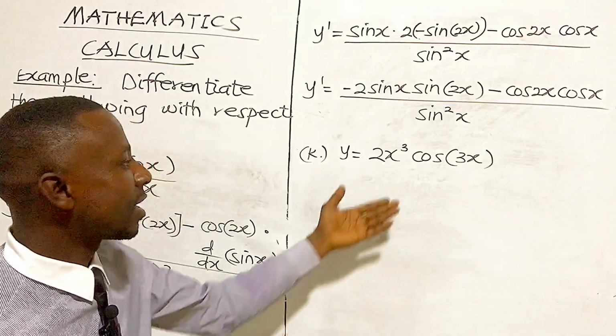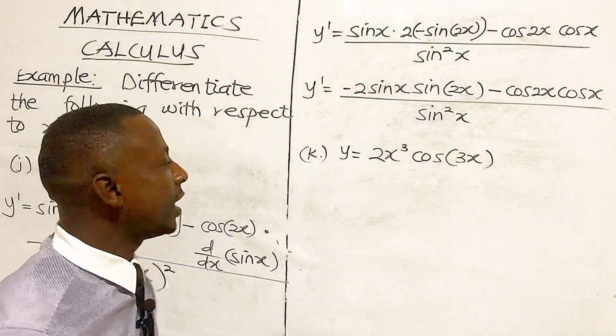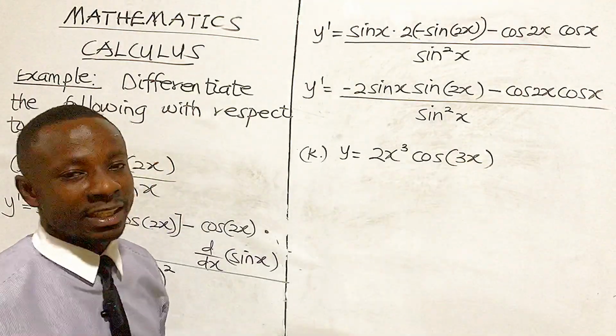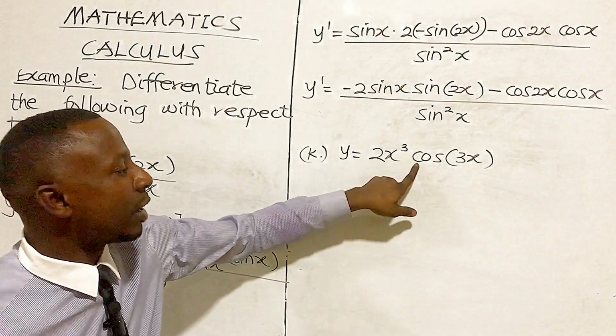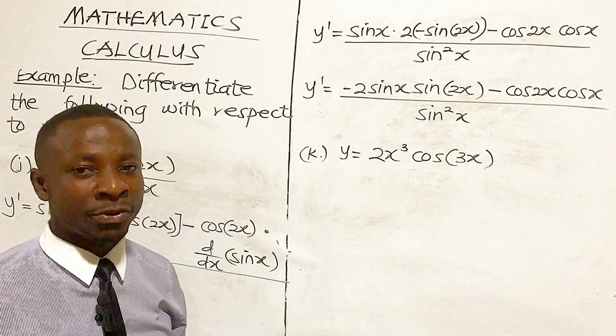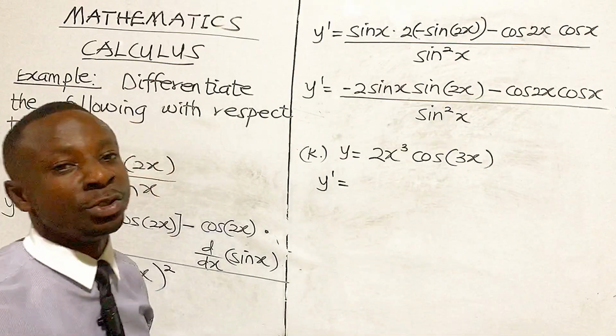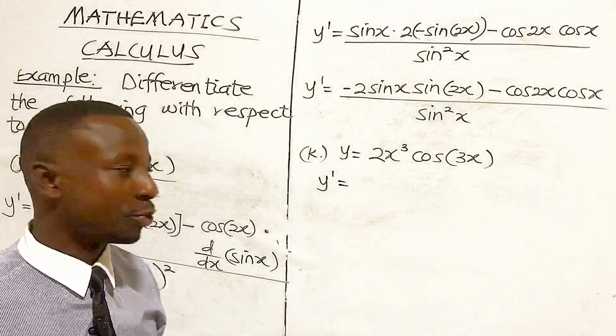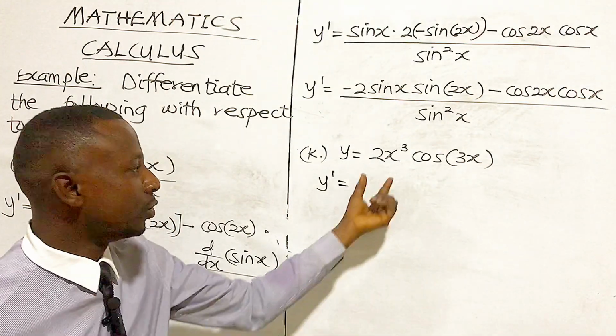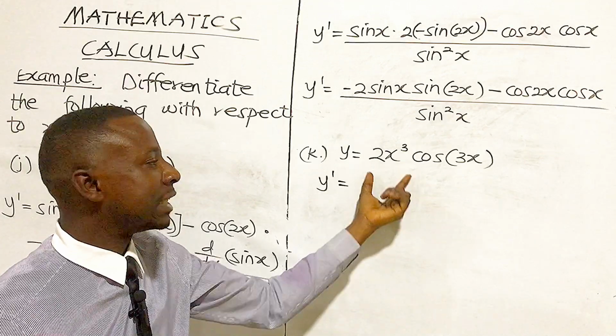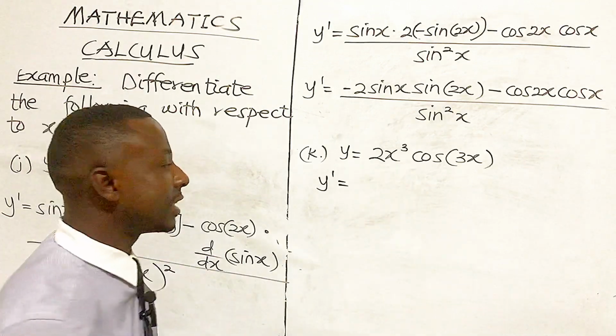All right. Now, before we differentiate this, the 2x cubed is multiplying cos of 3x. So we are going to use the product rule. So with the product rule, we are first of all going to maintain the first term.